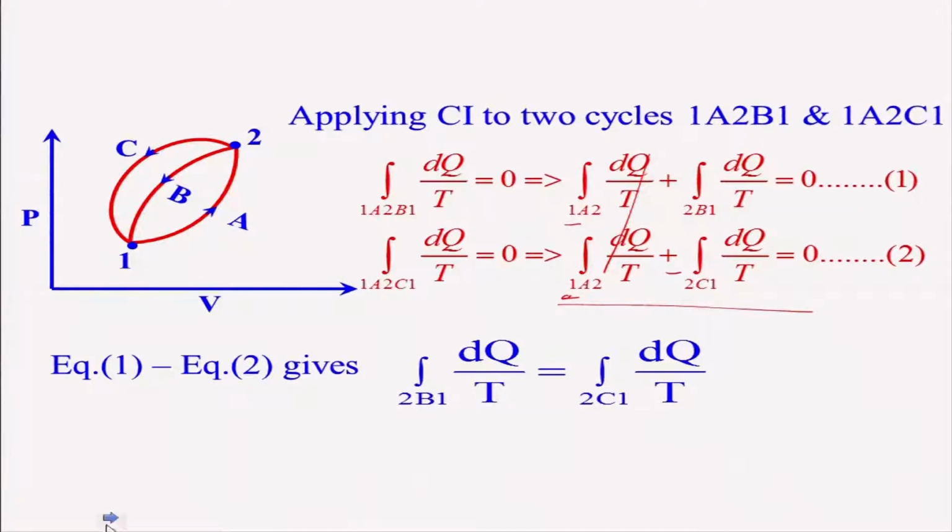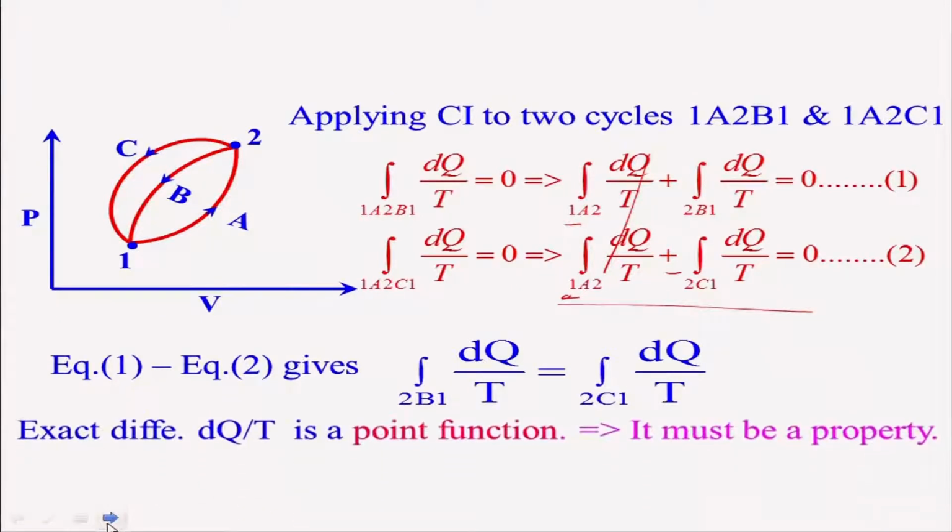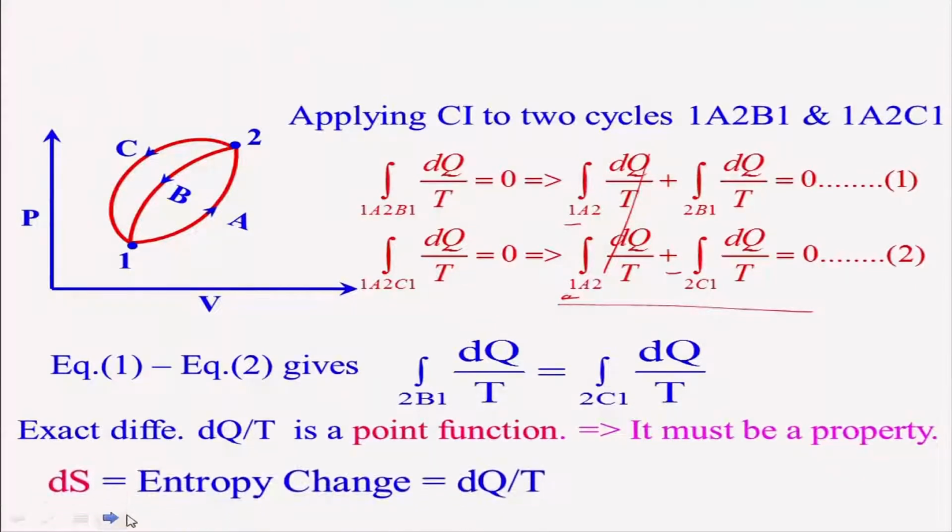So, we can call this a property, because it is a point function and does not depend on the path, and that is nothing but what we call entropy change, that is, dS is equal to dq by T.